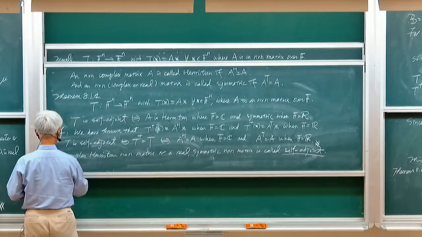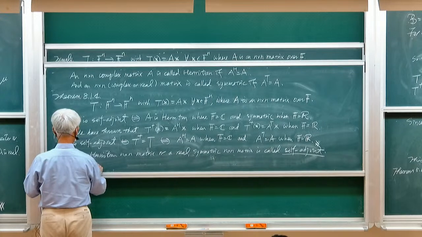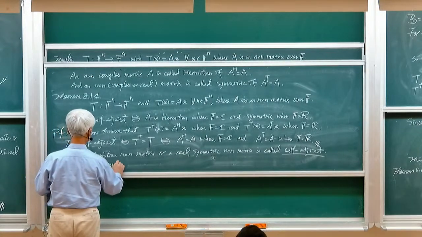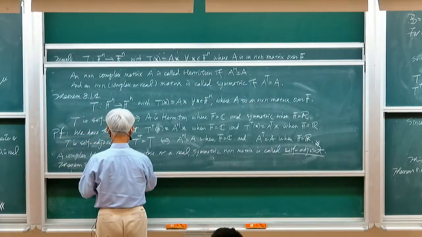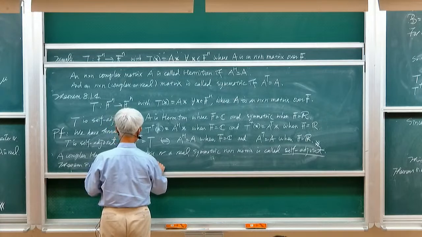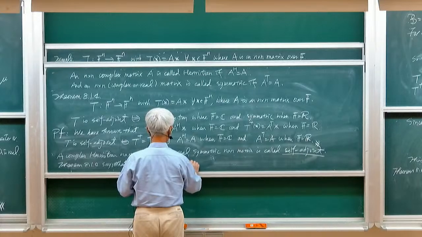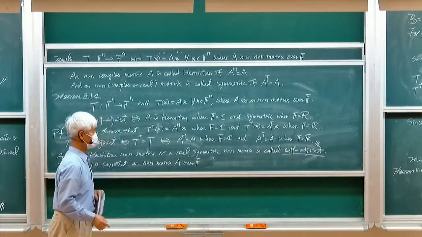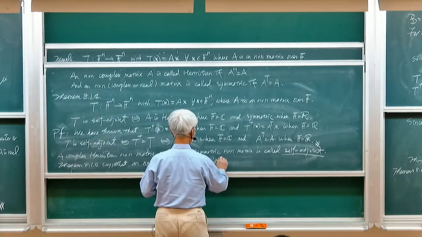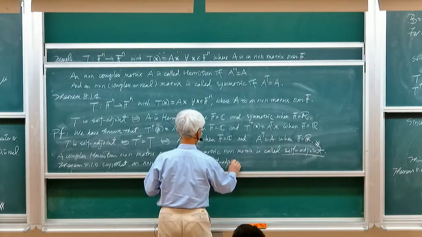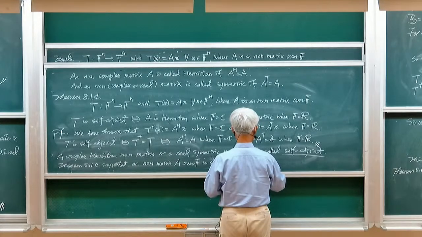And so theorem 8.1.24 says that an arbitrary n times n matrix A over F is self-adjoint if and only if we have this functional relationship.